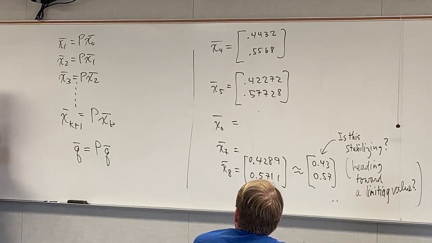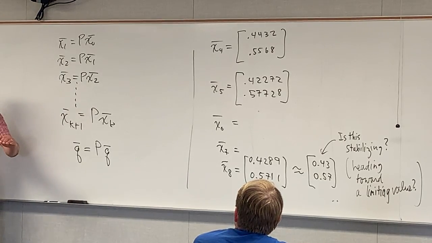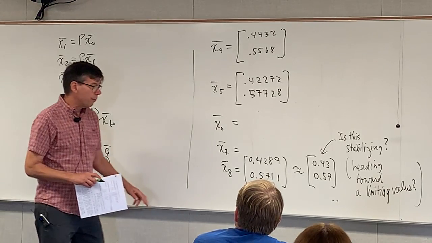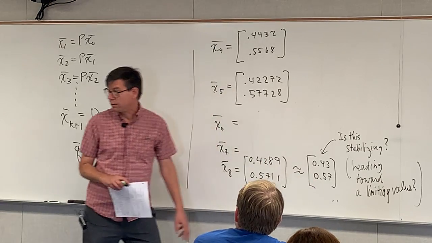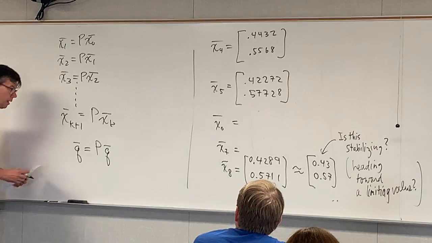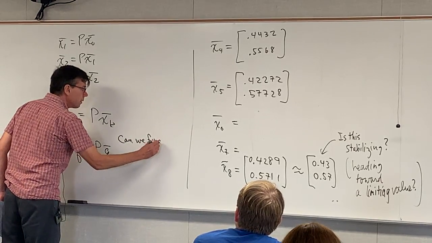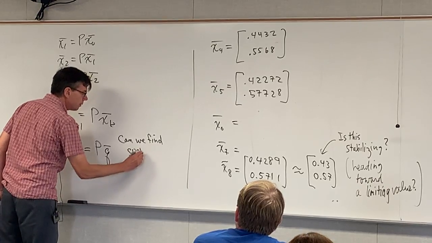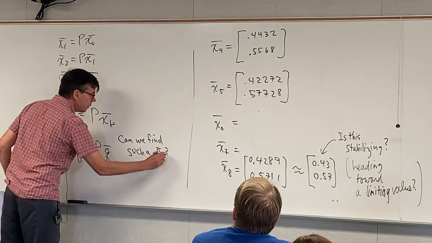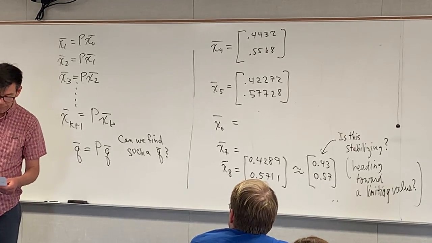It's just like a calculus limit where we get closer and closer to the point where, for all practical matters, we're essentially there. But can we find such a Q? Can we find a steady state vector for the system?